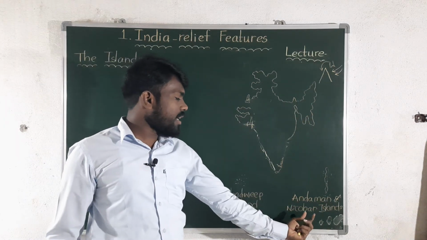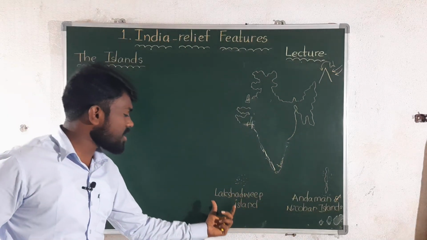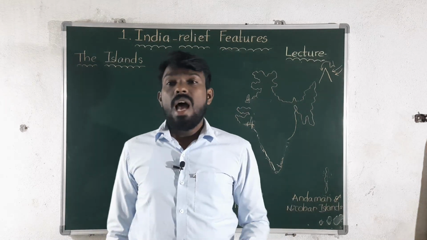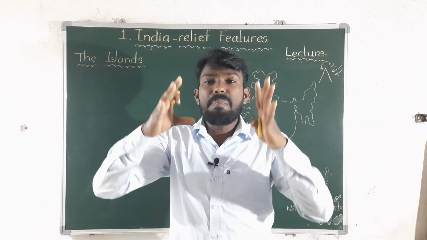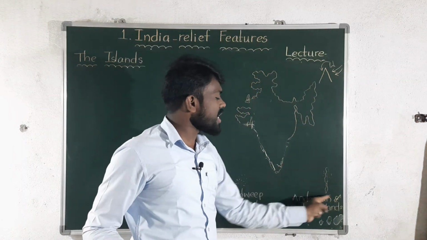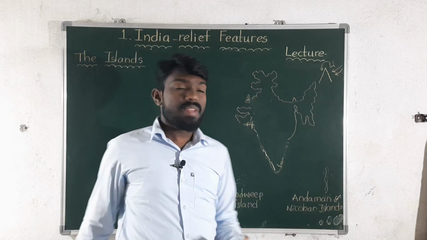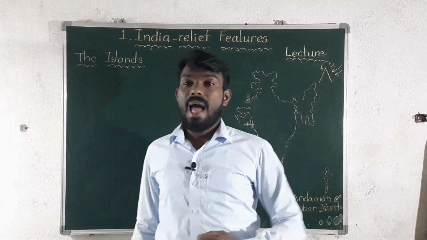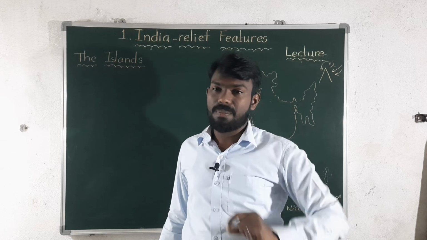Here, the Andaman and Nicobar Islands are located in the Bay of Bengal, and the Lakshadweep Islands are located in the Arabian Sea. The Andaman and Nicobar Islands are the submerged part. What we are seeing right now is the elevated portion, but actually this is a submerged part.